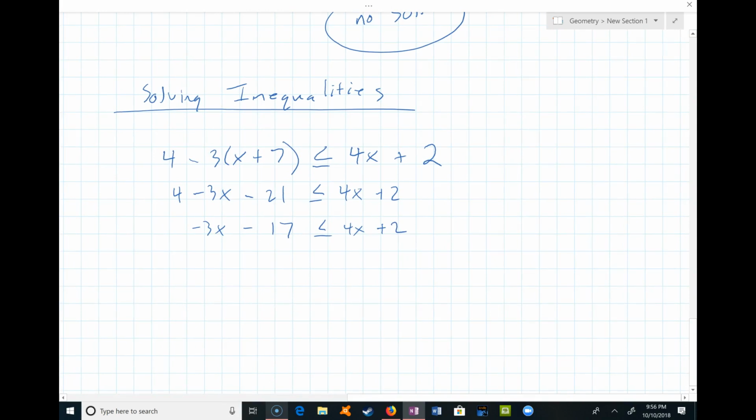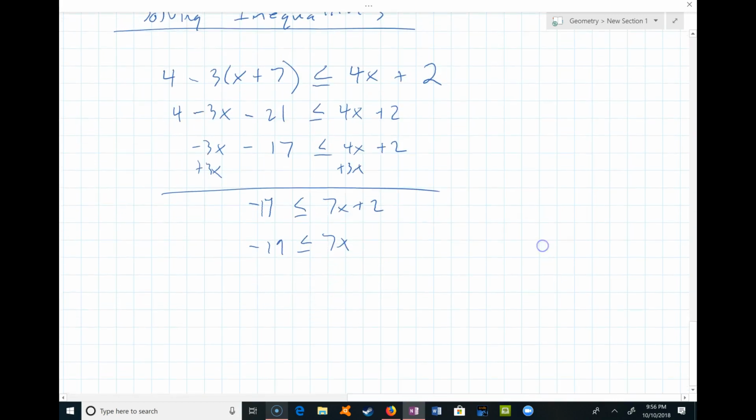I'm going to add 3x to both sides, and we get negative 17 is less than or equal to 7x plus 2. Subtract 2 from both sides, and we get negative 19 is less than or equal to 7x. Divide both sides by 7, and I get negative 19 sevenths is less than or equal to x.